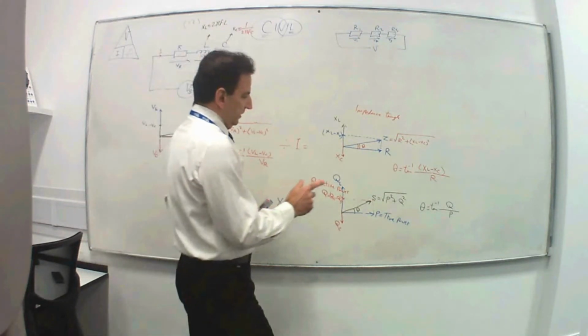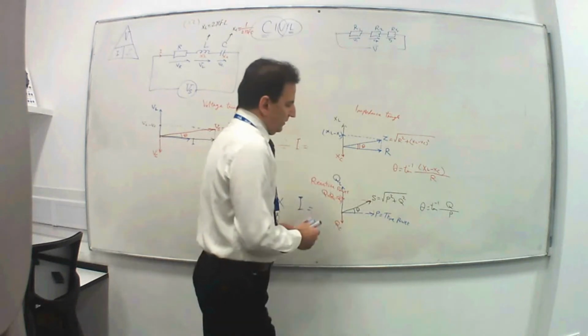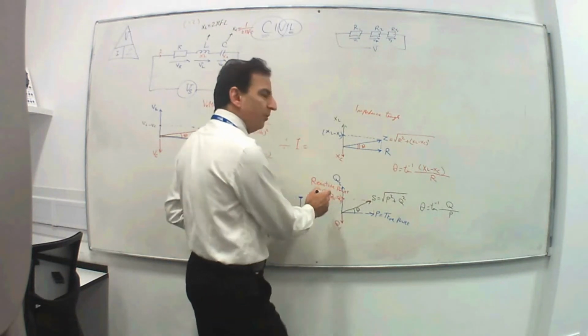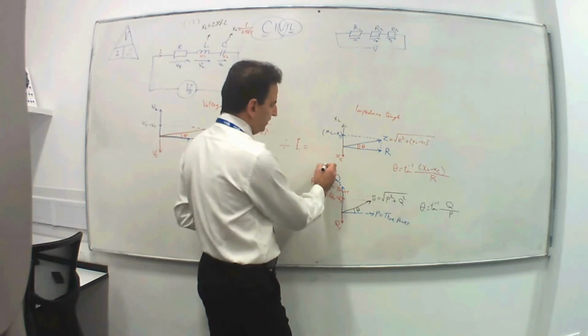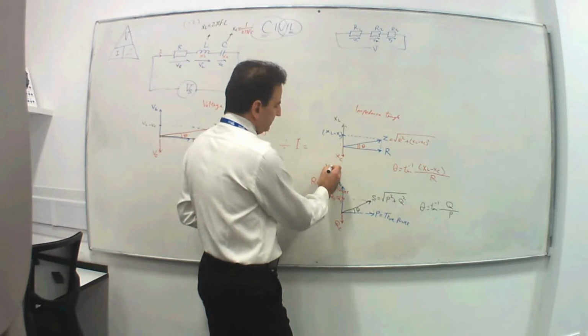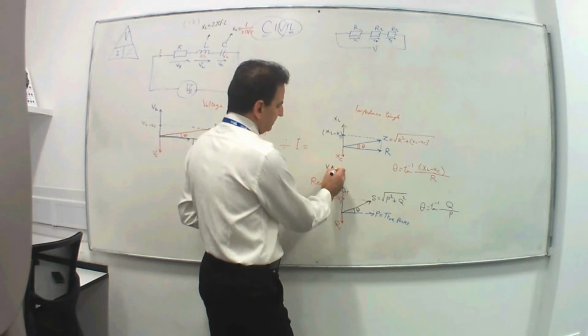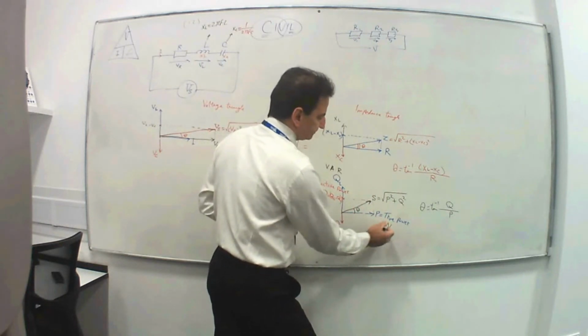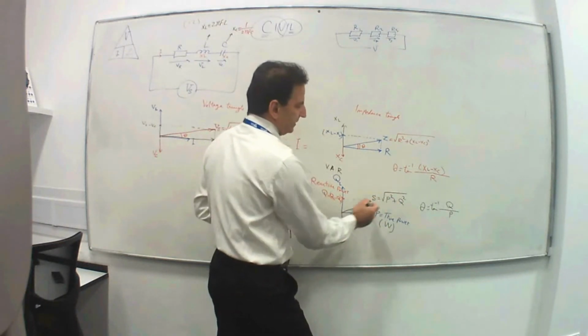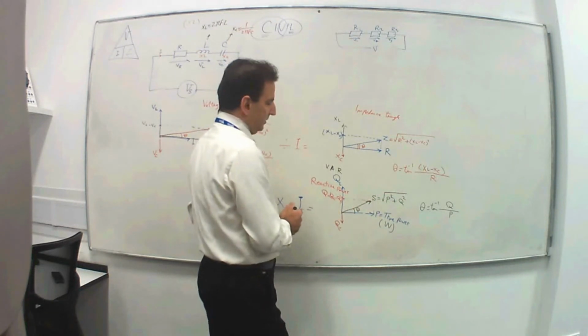Now, the reactive power, I think I didn't mention this last week, is measured in volt amp reactive, and that's how they write it, or kilovolt amp reactive. True power is measured in watts, and S is measured in volt amp.